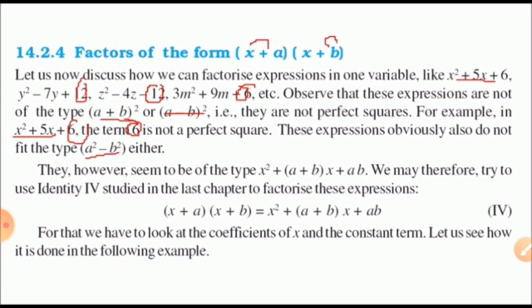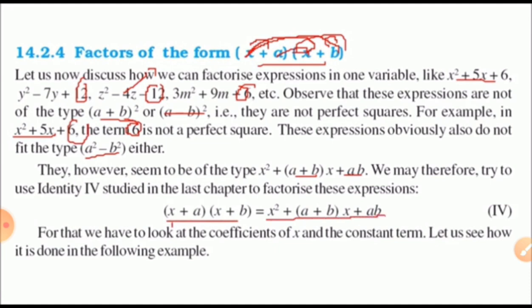This expression obviously also does not fit the type a square minus b square either. They, however, seem to be of the same type, x square plus (a plus b)x plus ab. We may therefore try to use identity 4 studied in the last chapter to factorize these expressions.